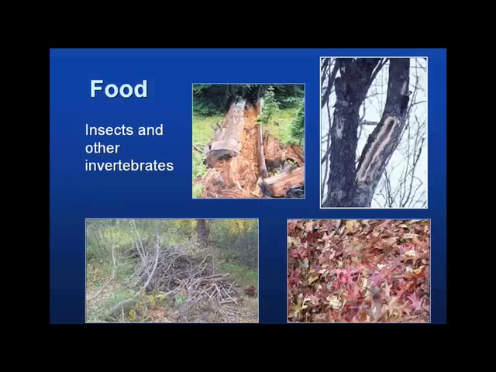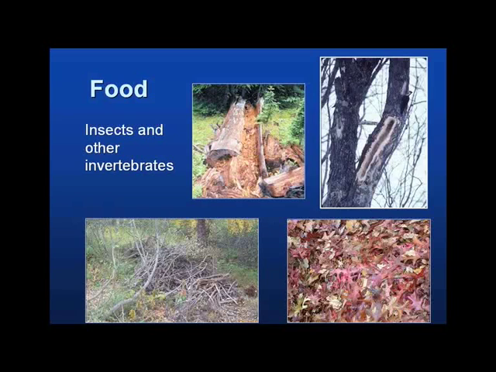In addition to food being in the form of plant material, whether it's berries or nuts and so on, there's another type of food that wildlife are interested in. Some wildlife, whether we're talking about woodpeckers or other birds or small mammals, are interested in eating insects or invertebrates. So leaving brush piles on your property to attract insects, or maintaining some leaf layer, will provide insects.